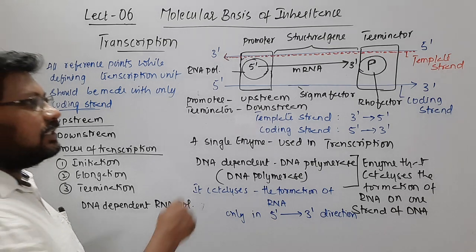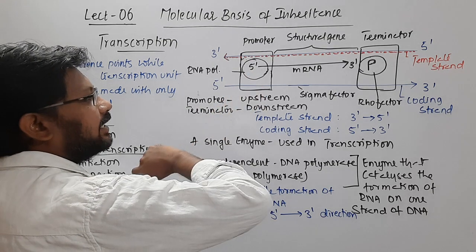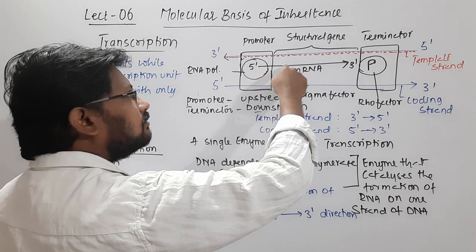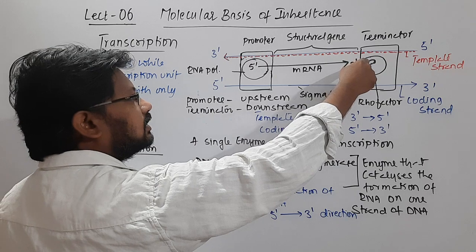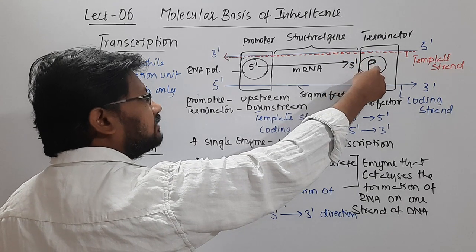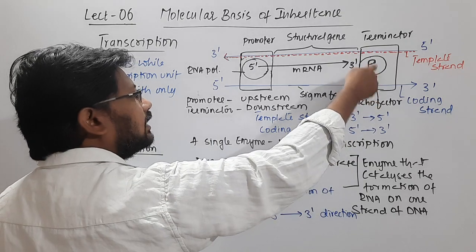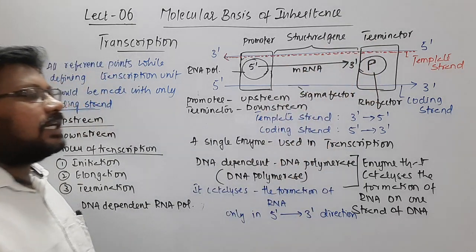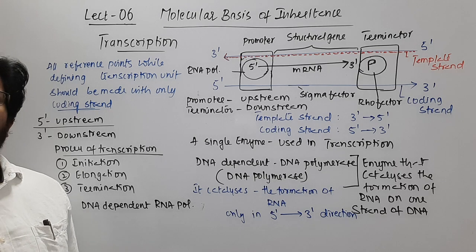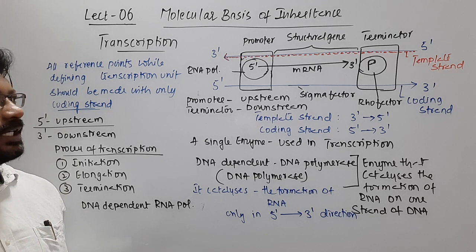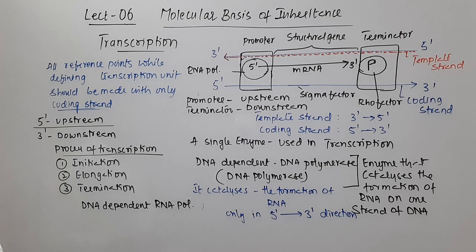And once that is finished, the sigma factor will unbind from that point, and only the RNA polymerase will move over the structural gene, and when it comes to the terminator region, the rho factor binds to it, and then with that, the RNA polymerase will unbind from the template strand, thereby completing the process of transcription.